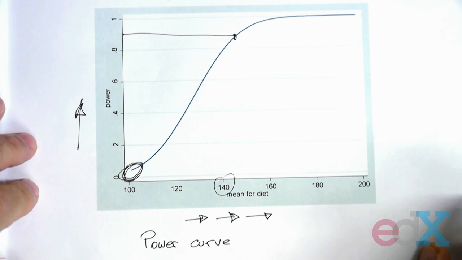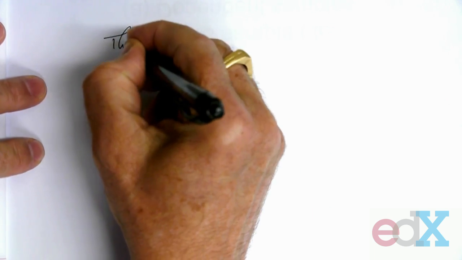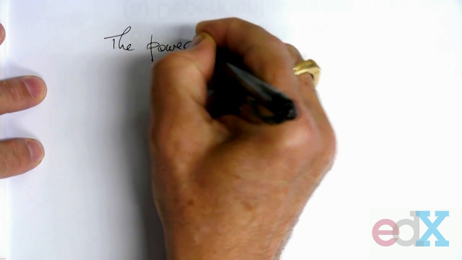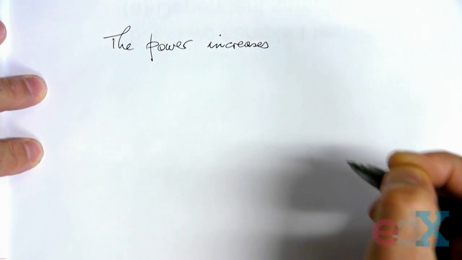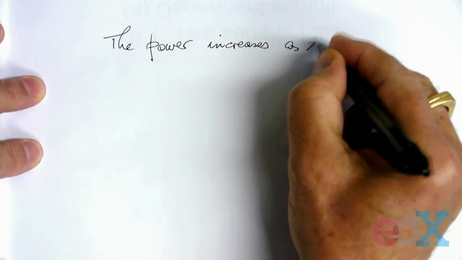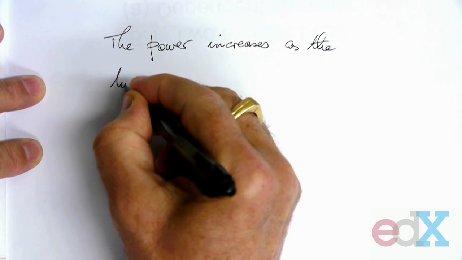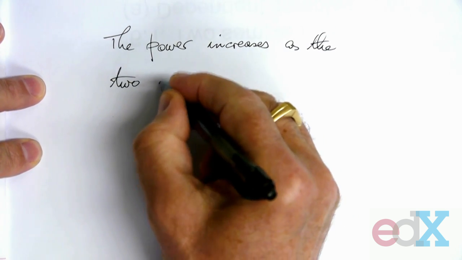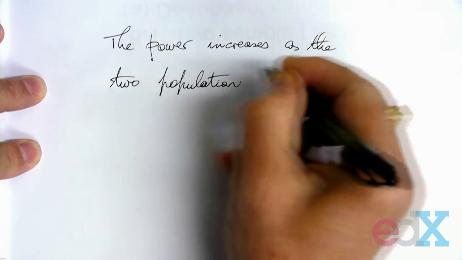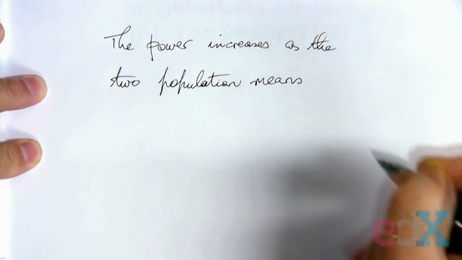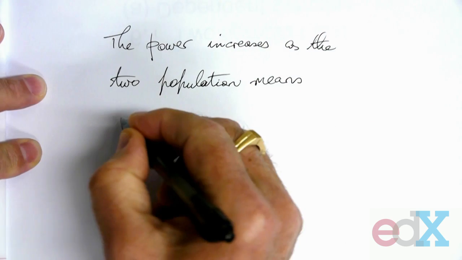And in summary, the conclusion we can come up with is that the power increases as the two populations' means become further apart.